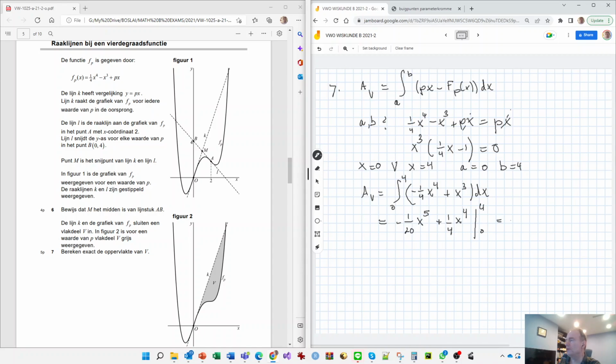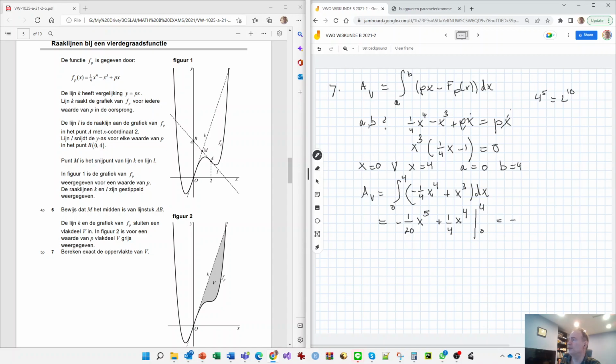So 4 to the power 5. Well, if I write it 2 to the power 10, you can just use your calculator as well.